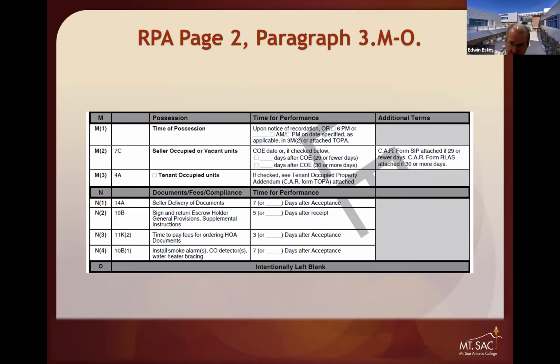Now, if you have a situation where the seller is going to stay in the property after close of escrow, so we call this COE plus. The most common one is COE plus 3. We're going to give the seller 3 additional days. Why would I do that? Well, if you're writing an offer on a property and you've got an elderly seller, when they're in their 80s, it's not the money anymore.